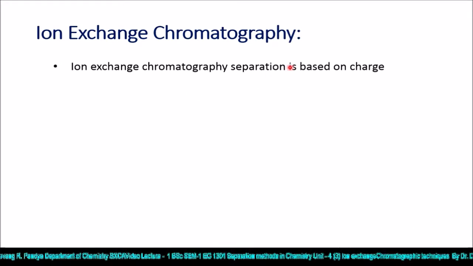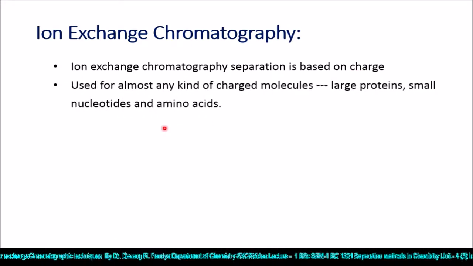It means the compounds must have different charges on them. Then and only then can the ion exchange separation technique be employed to separate those components from each other. So this is the special case, or in another sense the limitation, of ion exchange chromatography.